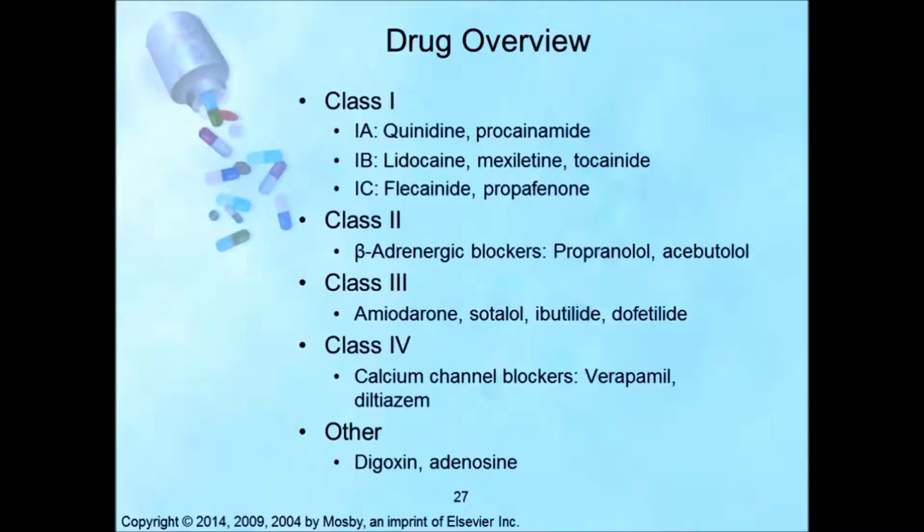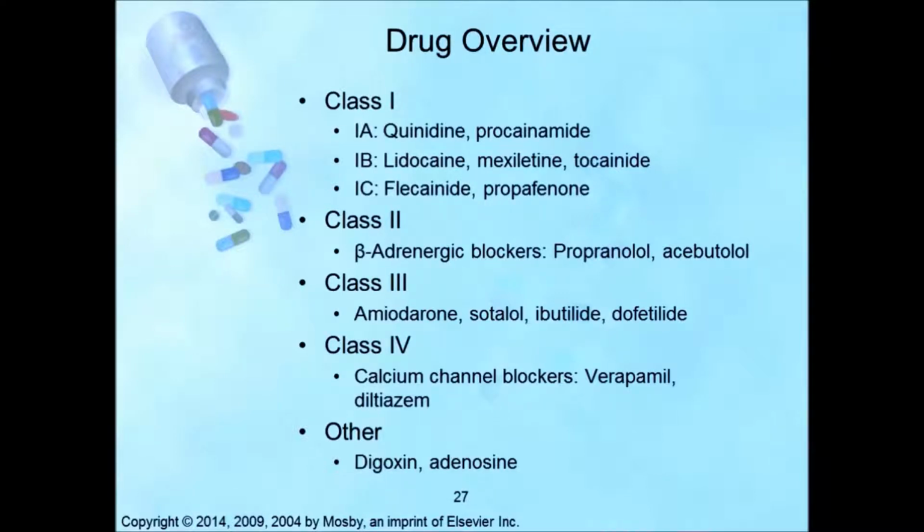High mortality rates in patients with AFib, atrial fibrillation, taking these Class 3 drugs have been reported. There's a question of whether they'll remain on the market other than amiodarone and sotalol.